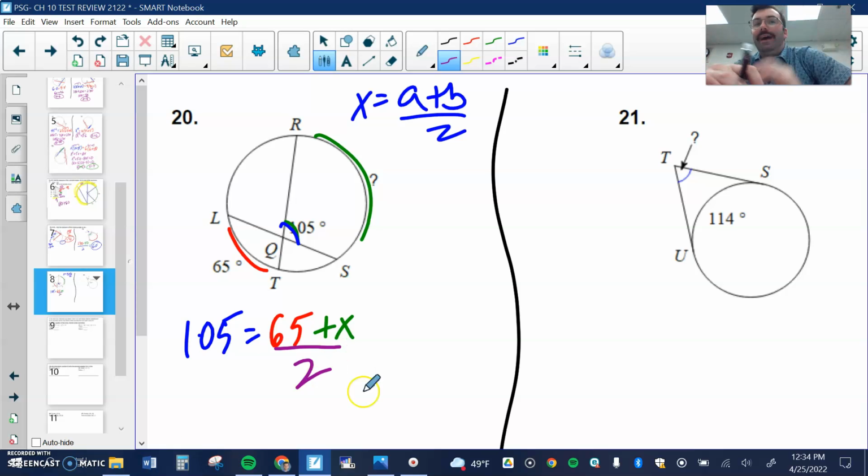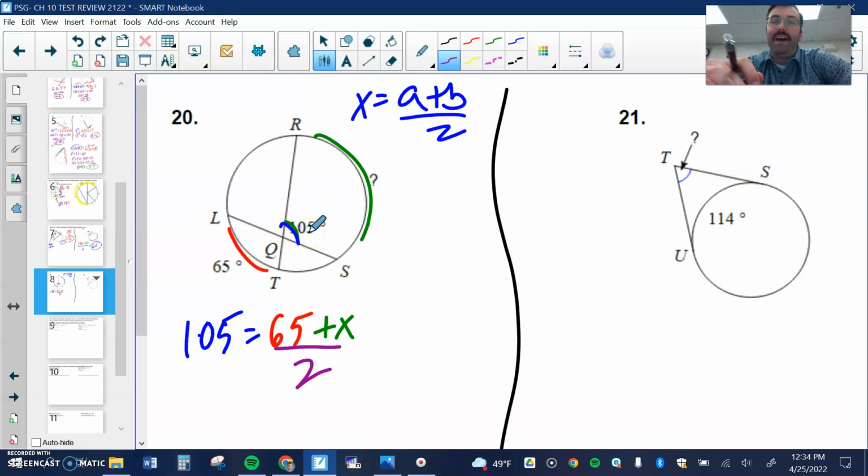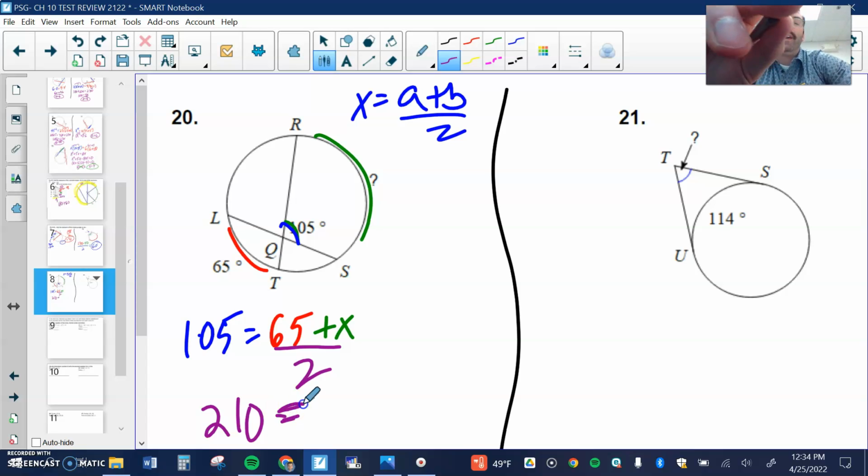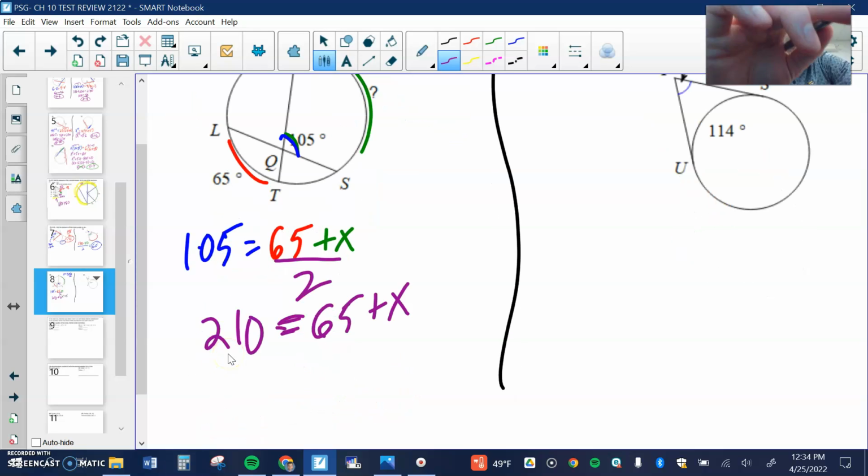When we think about this logically, if I just do 105 times 2, which is 210, I know that A and B have to give me 210. Well, if A is 65, I just do 210 minus 65 to get the other part.